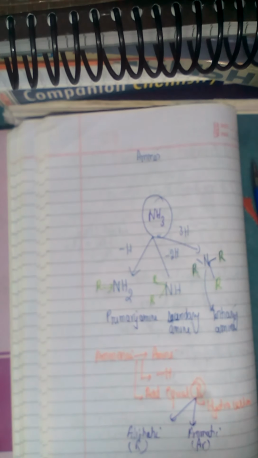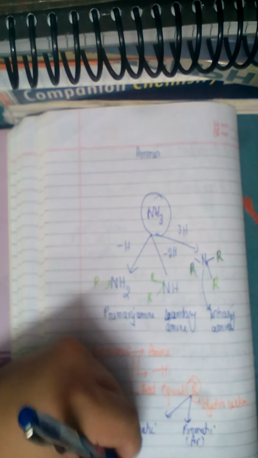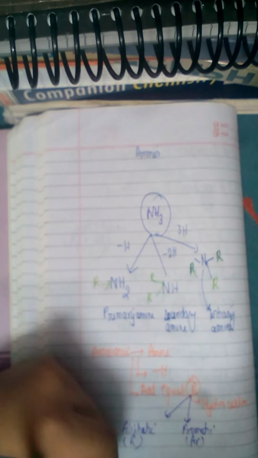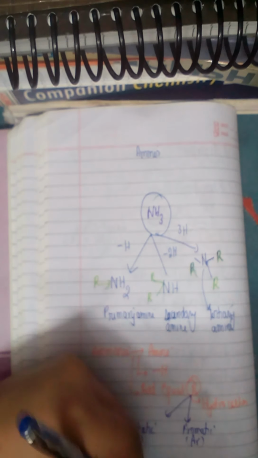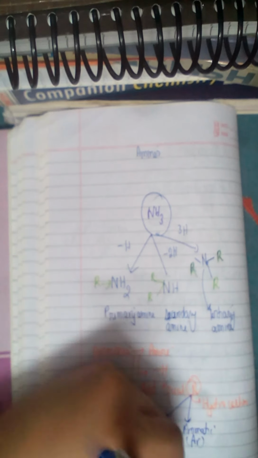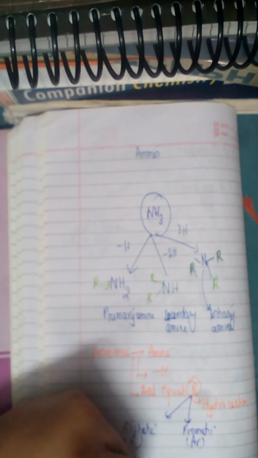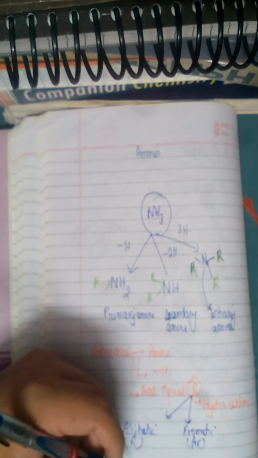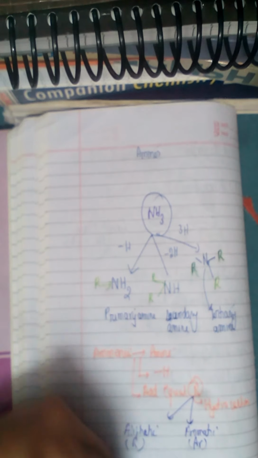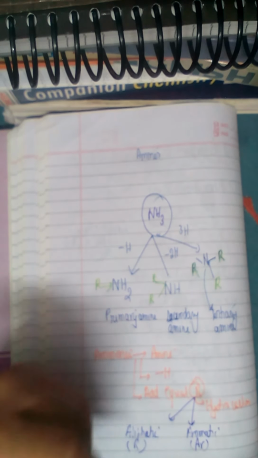For example, if I have ammonia and I have made it into an RNH2, that means this is a straight chain compound or an aliphatic compound, so this becomes an aliphatic amine. For example, if I write CH3CH2NH2, this is an amine of ethane, and this part is aliphatic. Ethane is an aliphatic compound, so this becomes an aliphatic amine.